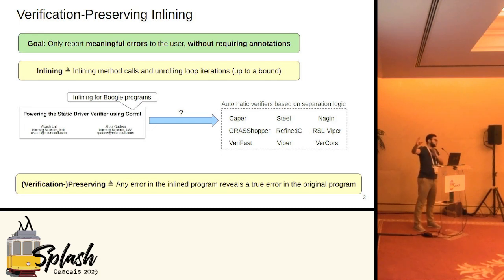By the way, if you're still wondering, it's if we don't enter the loop, we get that this assertion doesn't hold. And so the good news, the reason why Corral was successful, was because this property always holds when we don't have separation logic and in the context of Boogie programs. But when we add separation logic into the mix, it does not always hold. In particular, in all those 9 verifiers, we have examples of where inlining is non-verification preserving. So now let me tell you why this property does not always hold.